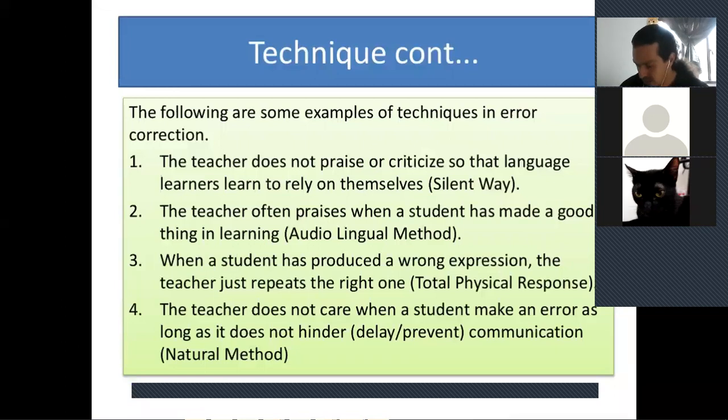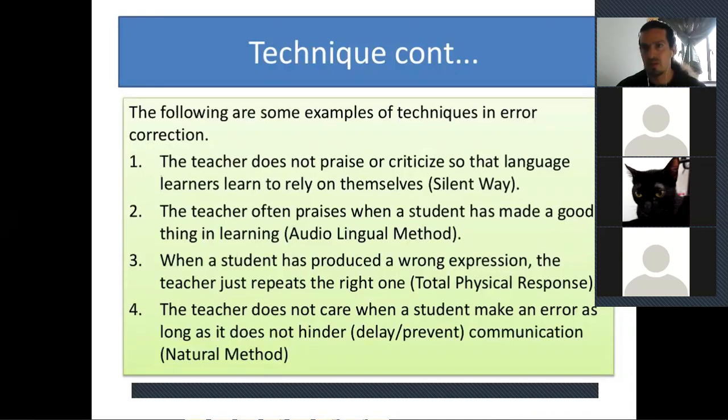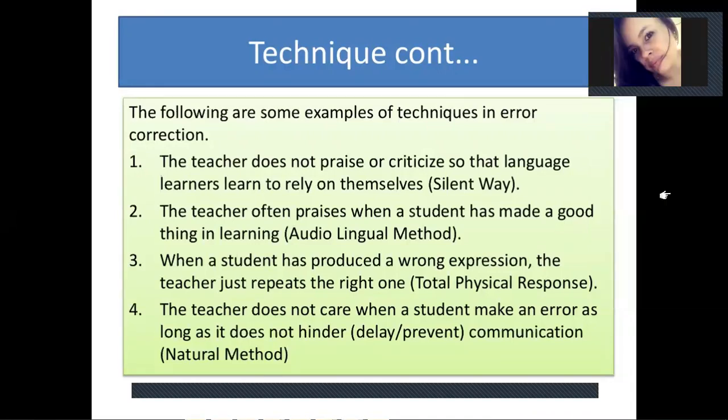And if it is lexical, grammatical, more syntax error, etc. Very good. That's it. You're learning. Error analysis is an important source for teachers and also for students to correct their errors.